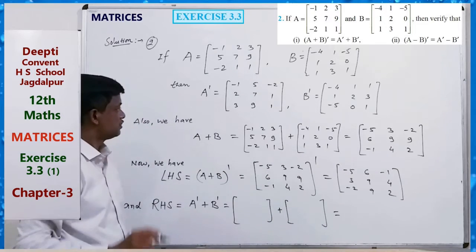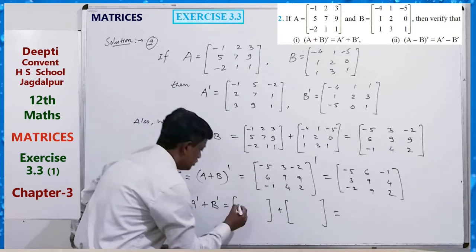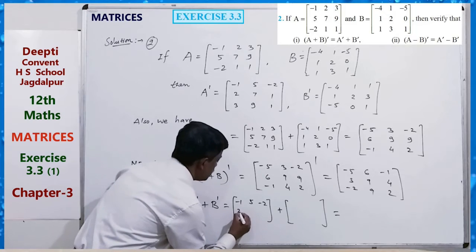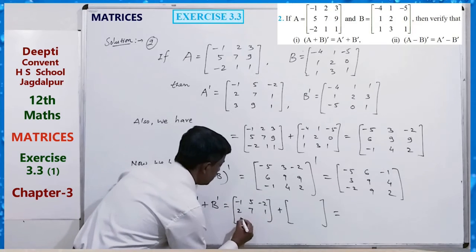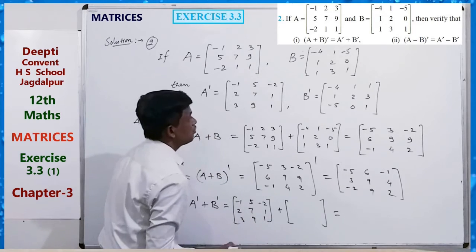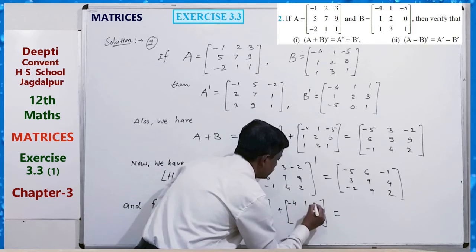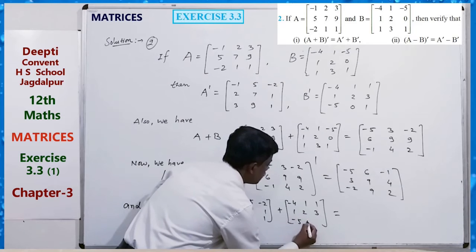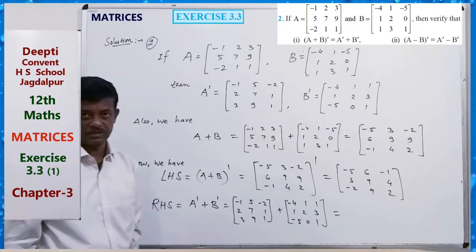A dash: minus 1, 5, minus 2; 2, 7, 1; 3, 9, 1. Here B dash: minus 1, 4, 4; minus 4, 1, 1, sorry, 1, 2, 3; minus 5, 0, 1. Just the sum of this.